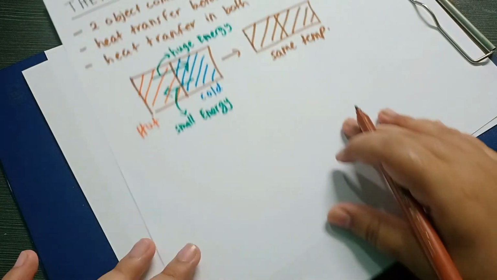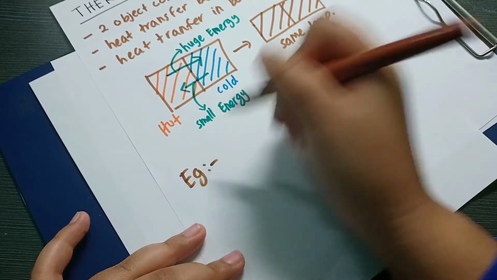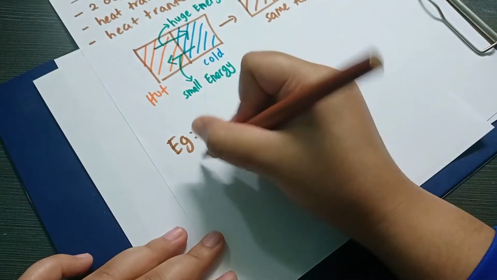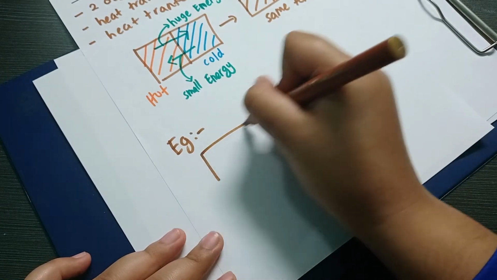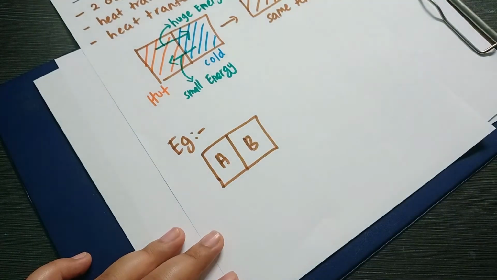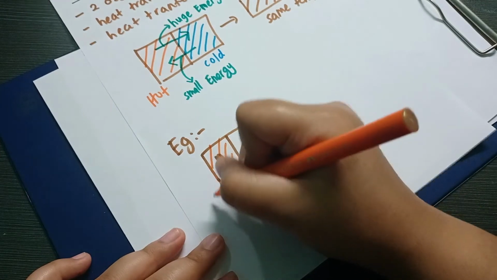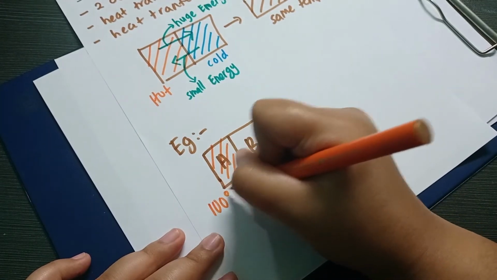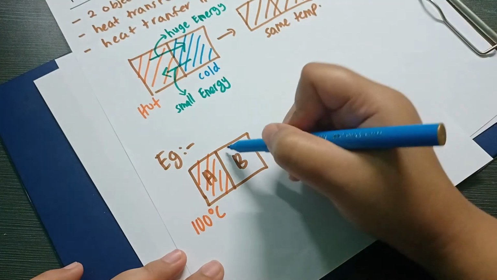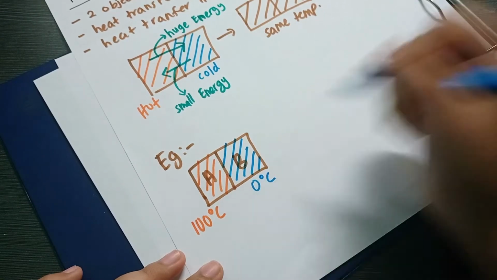Now, moving on to the example. To make you see it clearly, I make an example. So the two objects, I assume this is A and this is B. A is a hot temperature, which I put here as 100 degrees Celsius, and B is cool, which is 0 degrees Celsius.